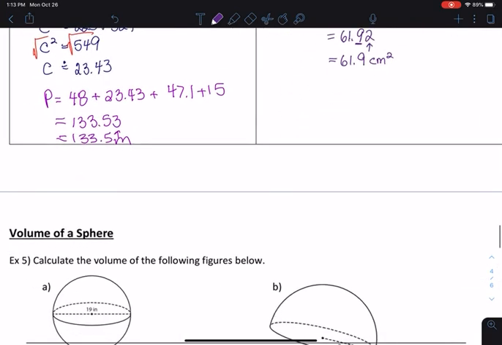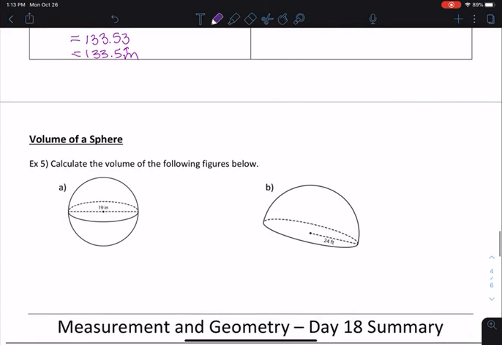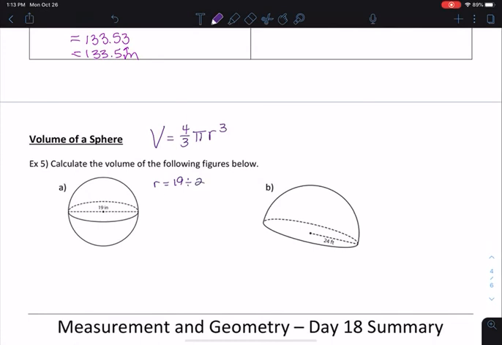Today we also looked at the volume of a sphere, and so that was the online lesson, or the video lesson, and we'll remember that the volume of a sphere is 4/3 pi r cubed. So for the first one we need our radius, so we have to take that 19 and divide it by 2. So my radius is 19 divided by 2, which is 9.5.